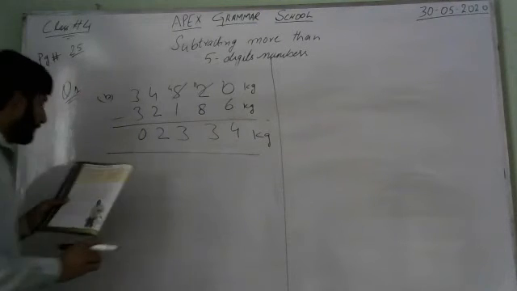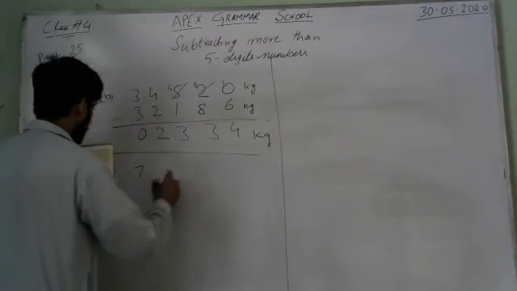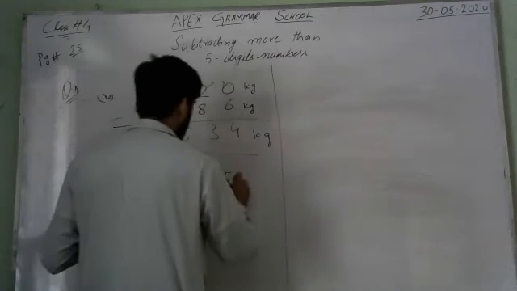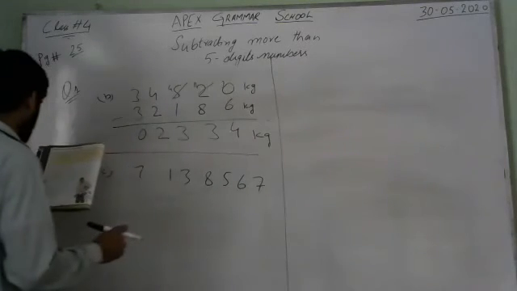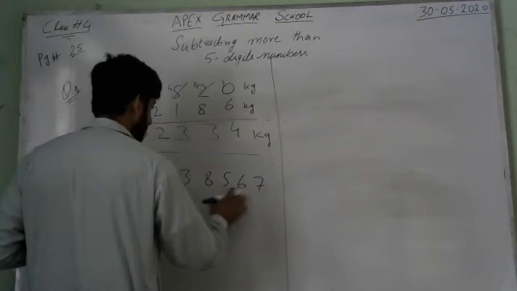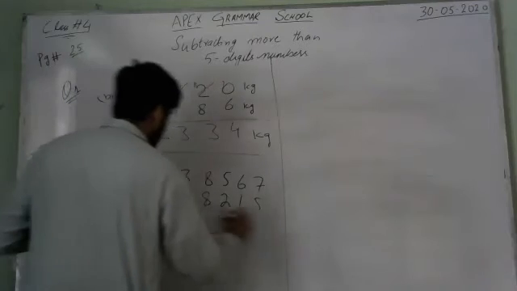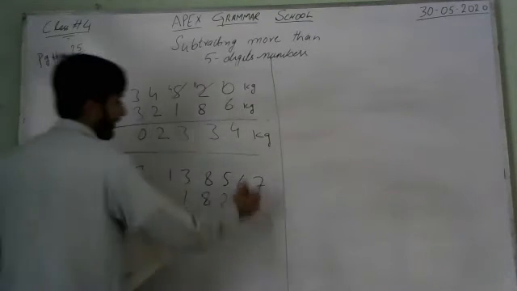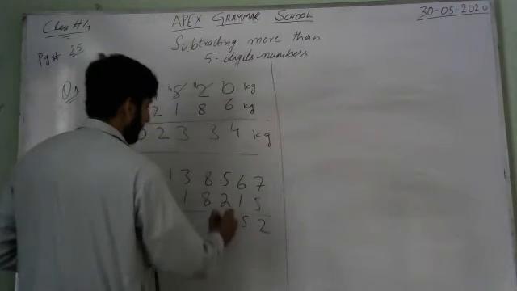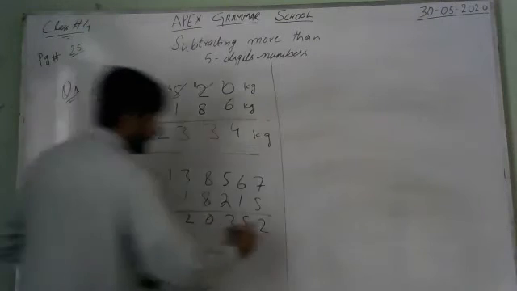So the greater production is of Fareed, so we will write it on the upper side: 3, 8, 5, 6, 7, and the lower number will be of Anis, which is 1, 8, 2, 1, 5. Minus: 7 minus 5, 2; 6 minus 1, 5; 5 minus 2, 3; 8 minus 8, 0; 3 minus 1, 2. It is 2, 1, 7 kg.